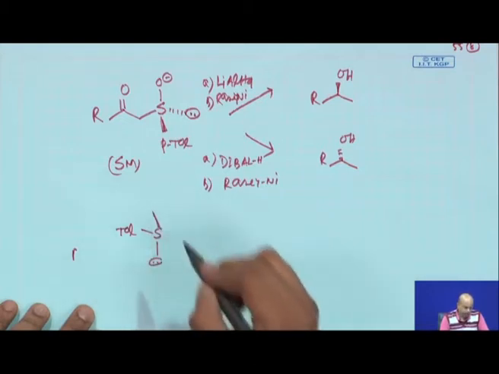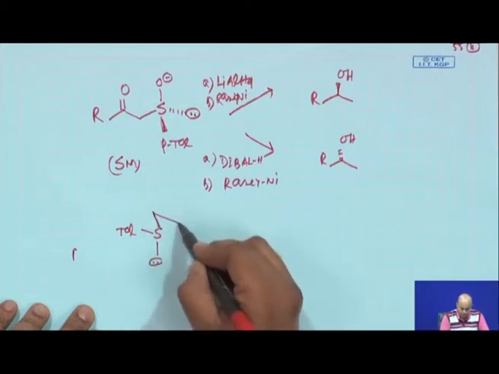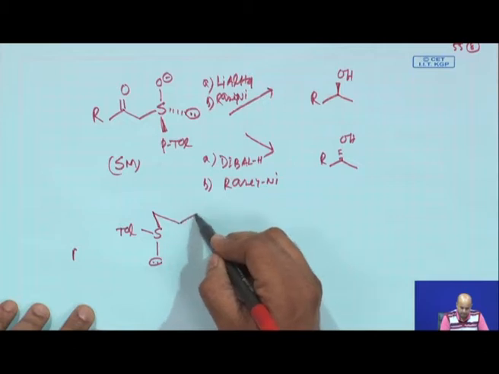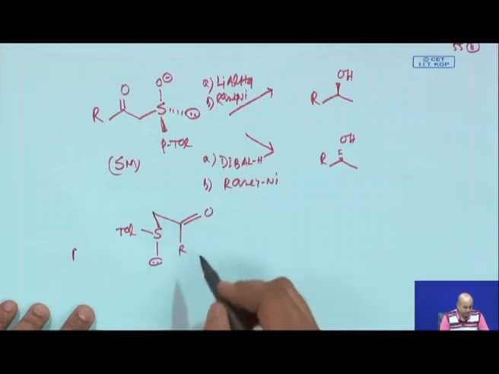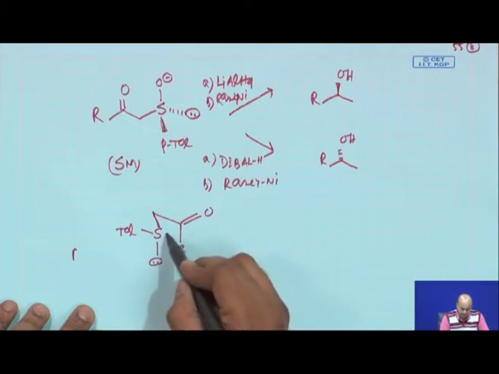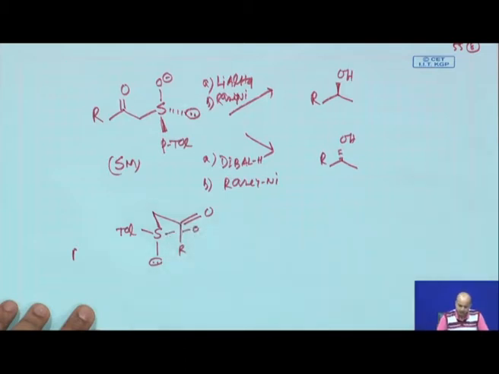So, I will try to write the sulfoxide. Let us say your R is here, and the sulfoxide oxygen is here. In the initial case I am saying lithium aluminum hydride.